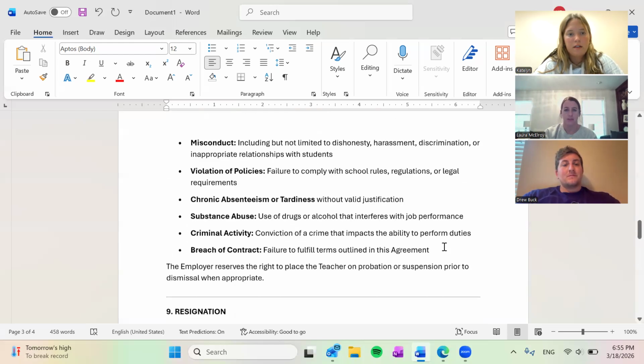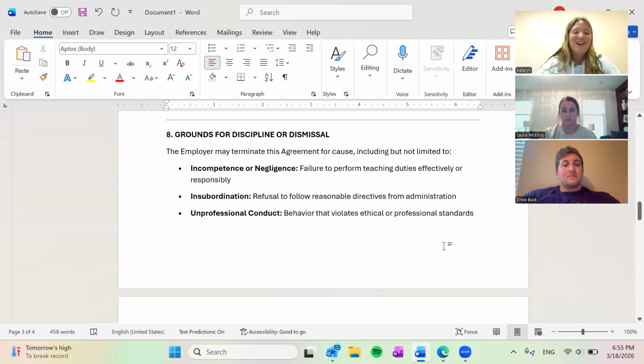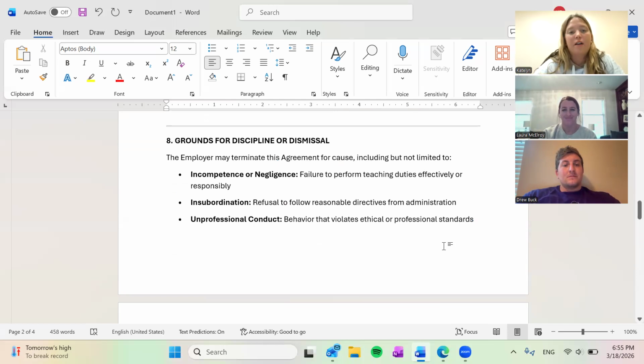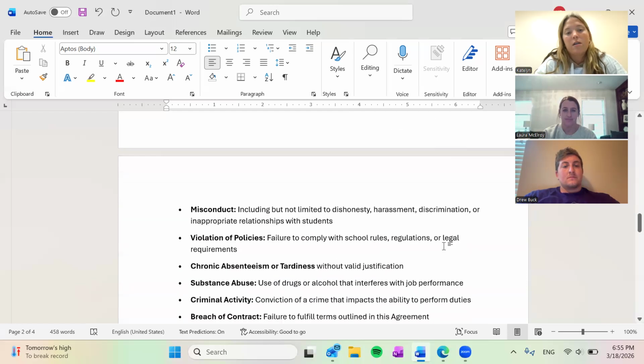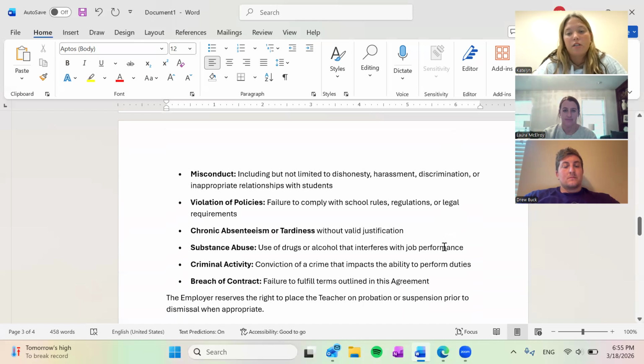Yeah, so with our last minute, we'll talk really quickly about the grounds for discipline or dismissal. Incompetence or negligence: failure to perform teaching duties effectively or responsibly. Insubordination: refusal to follow reasonable directions from administration. Unprofessional conduct: behavior that violates ethical or professional standards. Misconduct, including but not limited to dishonesty, harassment, discrimination, or inappropriate relationships with students.